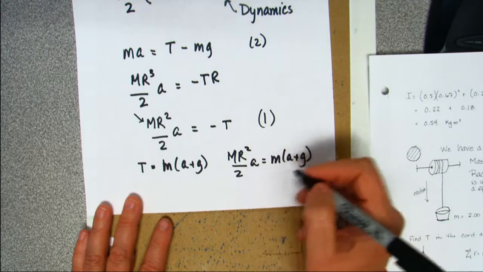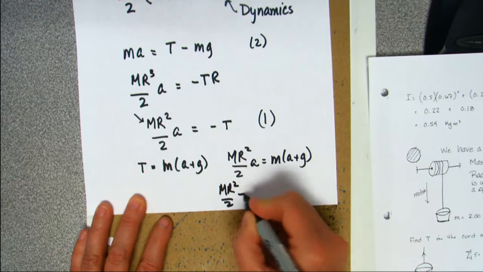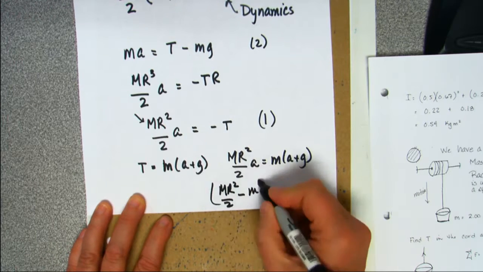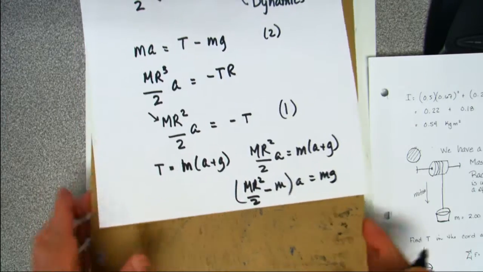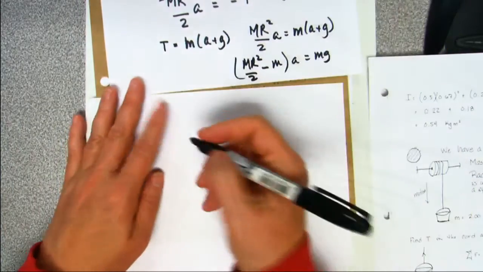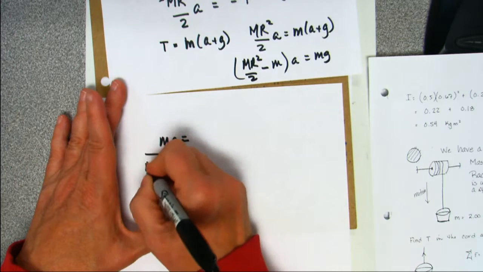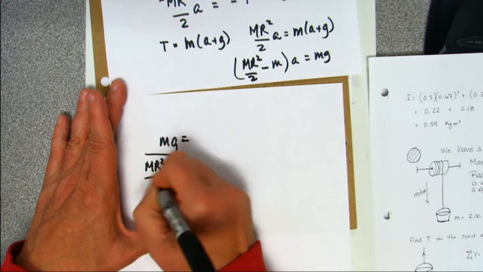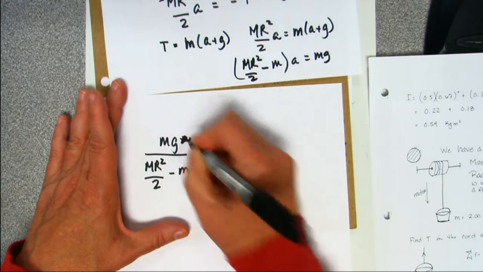I'm going to solve for a now, so I'm going to get (M over 2 minus m) a is equal to mg. So a is mg divided by (M/2 minus m), and that is going to equal my acceleration.